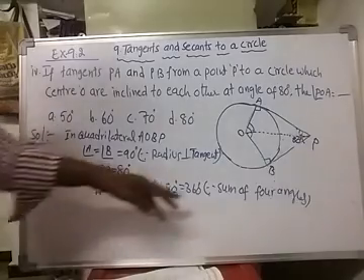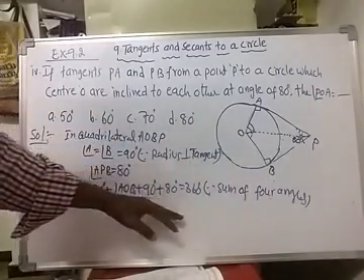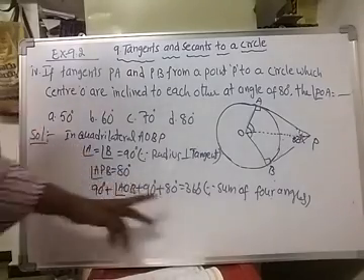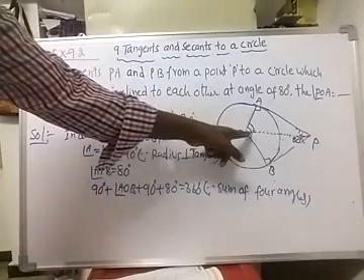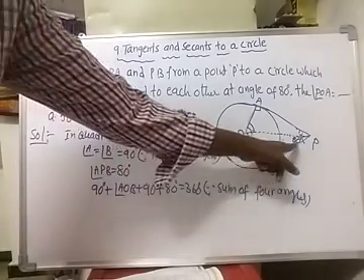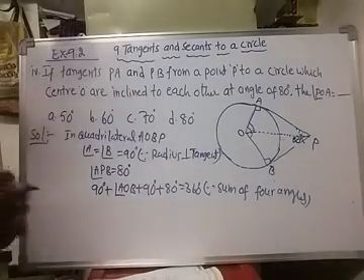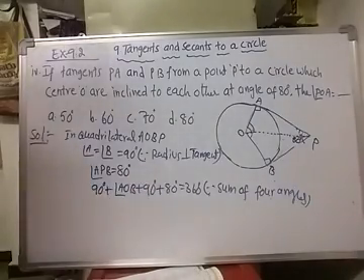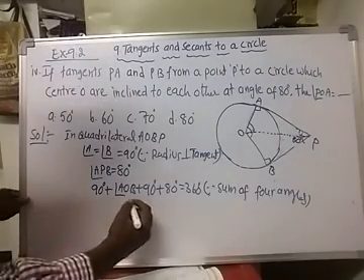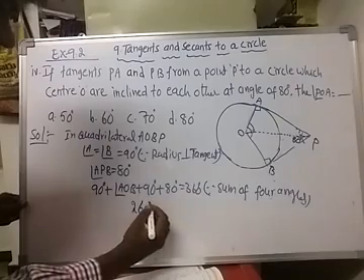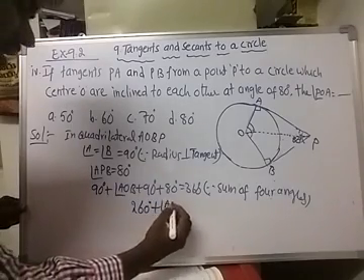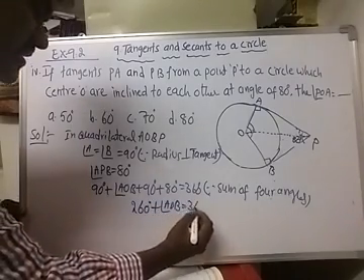We know the sum of the four angles of a quadrilateral is 360 degrees. That is 90 plus angle AOB plus 90 plus 80 is equal to 360. 90 plus 90 is 180, 180 plus 80 is 260. So 260 degrees plus angle AOB is equal to 360 degrees.